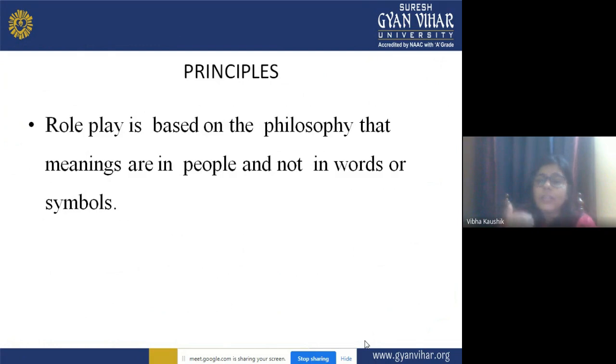The meaning of the play is not in words or symbols, but in the people, those who are presenting the roles, and not in the dialogues they deliver or the symbols they use.